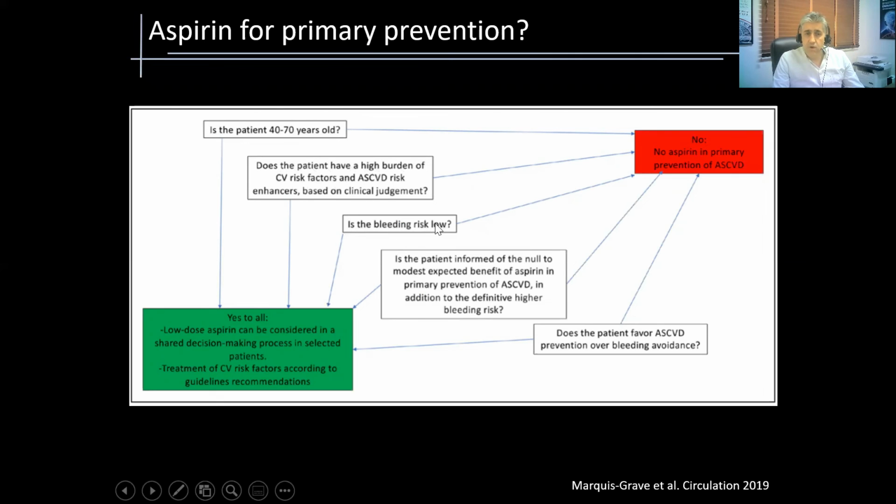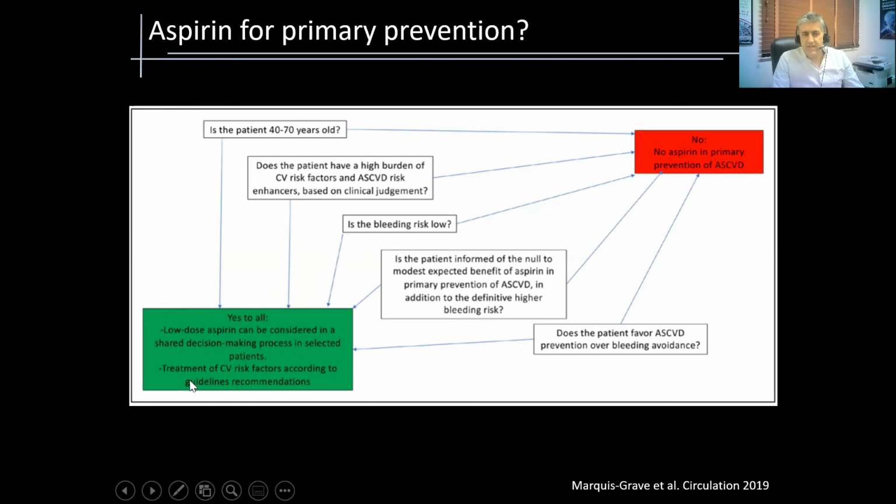Is the bleeding risk low? Is the patient informed of the null to modest expected benefit of aspirin in addition to the definitive higher bleeding risk? Does the patient favor atherosclerotic disease prevention over bleeding avoidance? So if the answer to all of these questions is yes, then low-dose aspirin can be considered in a shared decision-making process in selected patients.